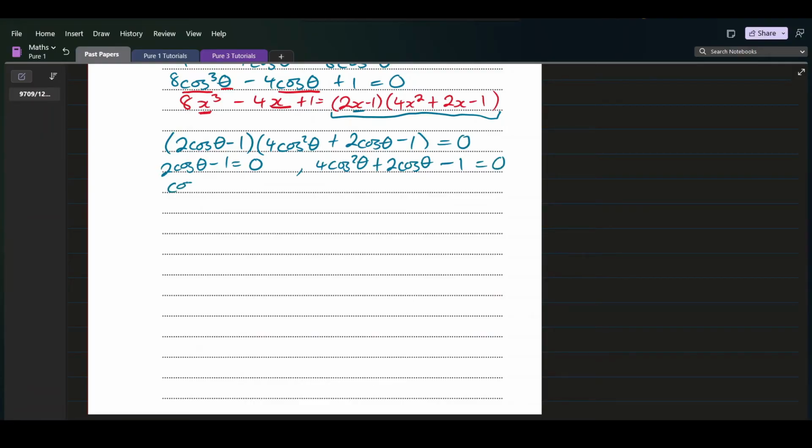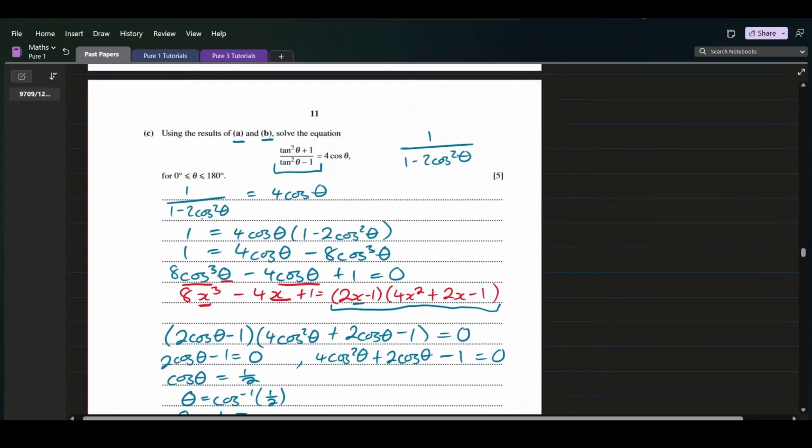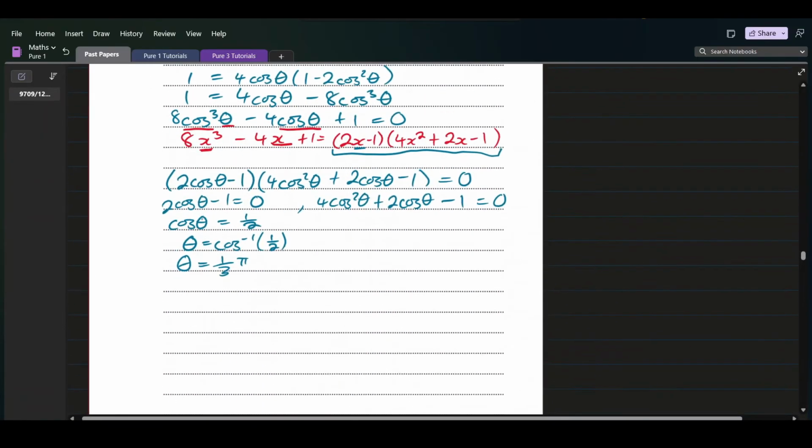So let's deal with the first equation. That's cos theta is equal to a half. This theta is equal to arc cos of a half. And theta is equal to arc cos of 1 over 2, which gives us 1 over 3 pi. Let's just check if we're in radians or in degrees.